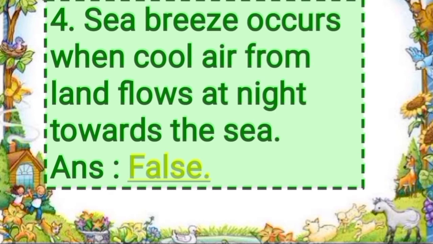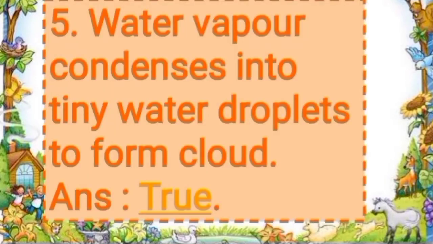So the question is, sea breeze occurs when cool air from land flows at night towards the sea. So the answer is false, means the following statement, sea breeze occurs when cool air from land flows at night towards the sea, is false.